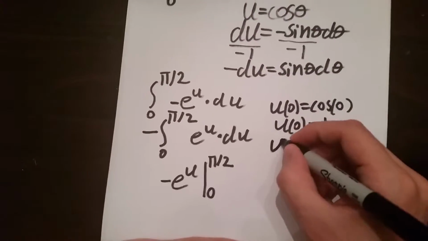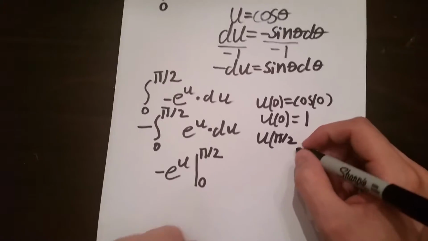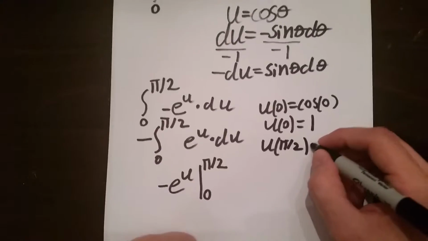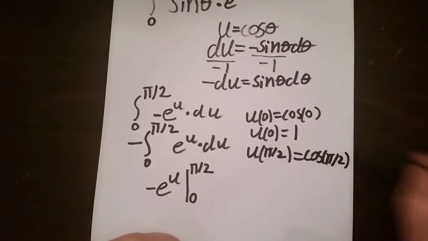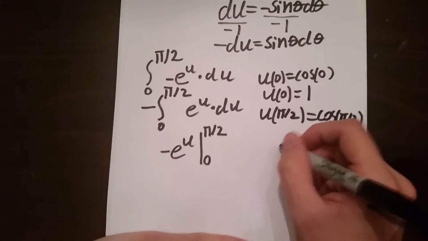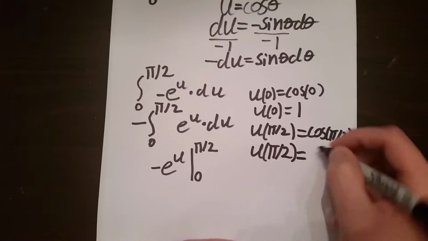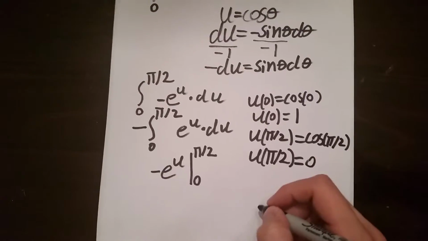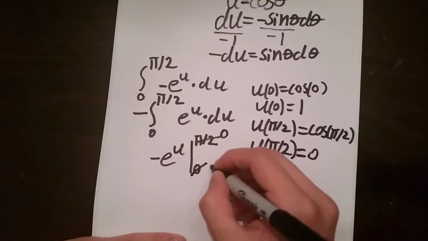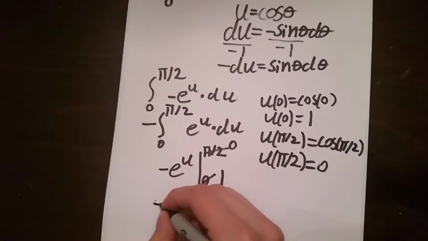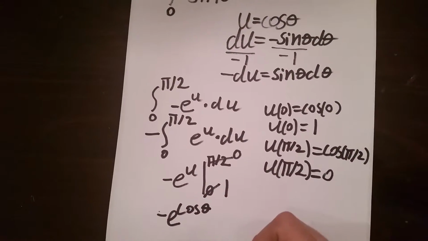Then we have u of pi over 2 equal to cosine of pi over 2, and cosine of pi over 2 equals 0. So we can replace this with 0 and this with 1. Then we put back our original equation again, cosine of theta.